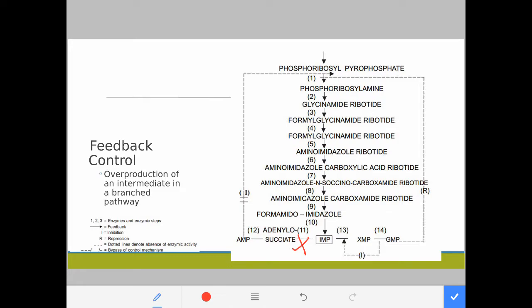Because although you can produce GMP, and GMP is a repressor for this enzyme, GMP is also an inhibitor of its own branch. So you can still produce IMP. Since you deliberately cut off this pathway, in the overproduction of GMP it inhibits itself, so you can have a buildup of IMP. It's a bit more complicated than the previous examples.